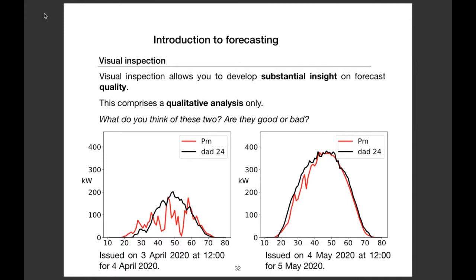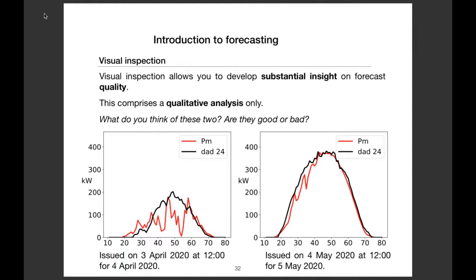Visual inspection allows you to develop substantial insight on forecast quality, and it's nice to have a look at the shape of the forecast. But it is just a qualitative analysis, not quantitative. So you cannot rely only on visual inspection, but it can help to have a first look at the forecast and to know if the model is nice or completely bad.